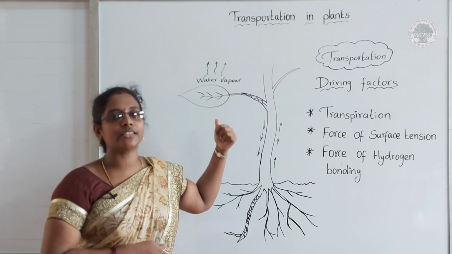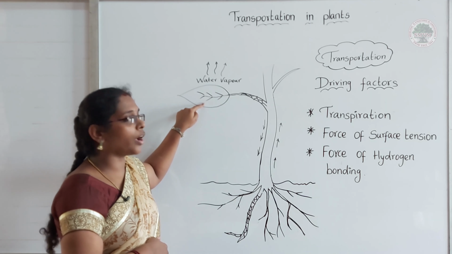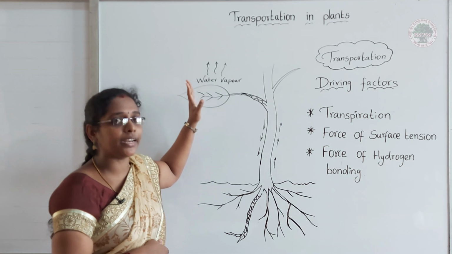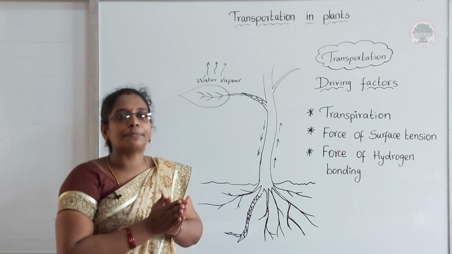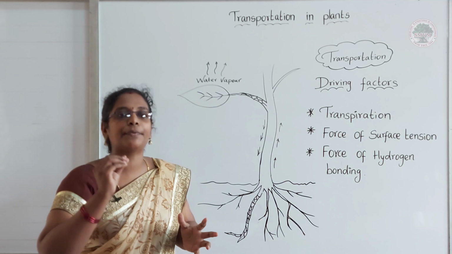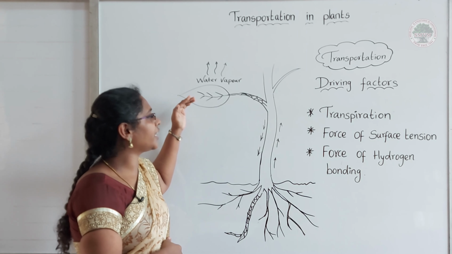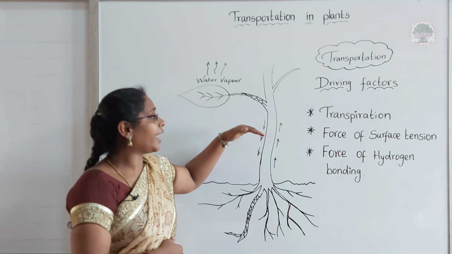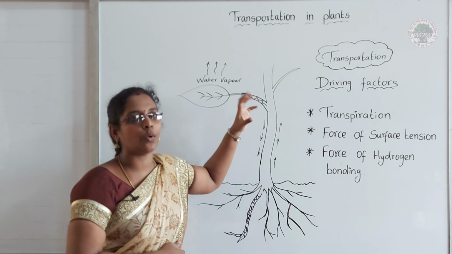This is called transpiration. While transpiration happens, the water molecules present in the leaf get eliminated. Because of that, an empty space is created, and a slight pressure starts. This pressure is passed to each and every cell and helps in sucking the water up.